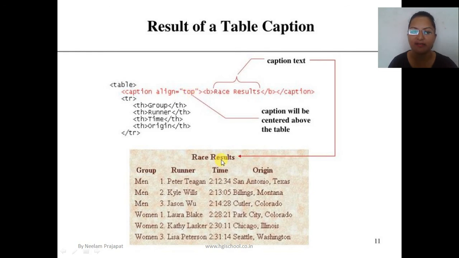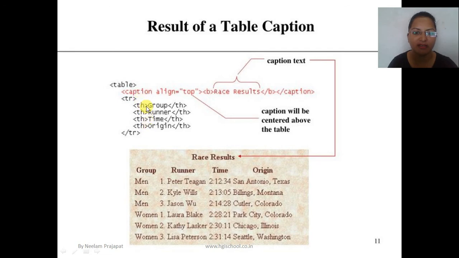You can see the result here. Then bold, that means the text is slightly bold. Then the B tag is closed and then the caption tag is closed. So here you can see the result is written at the top, it is center aligned, and it's just slightly bold. Then the first row, inside the first row there are 4 table data.